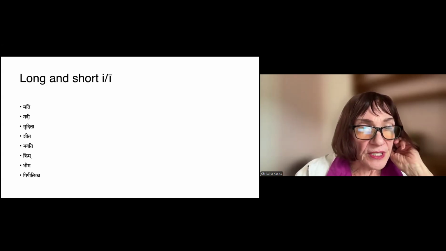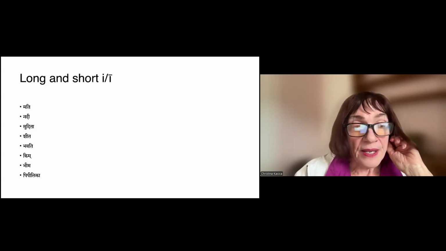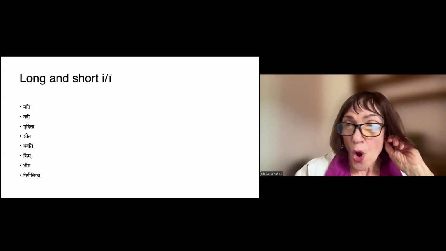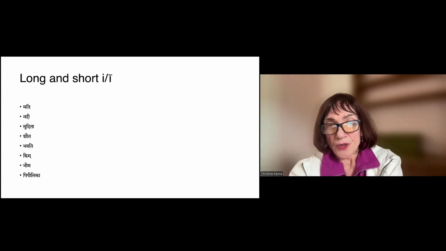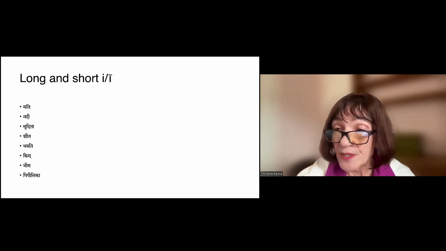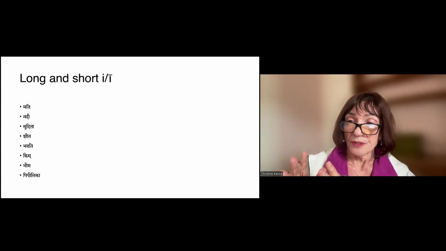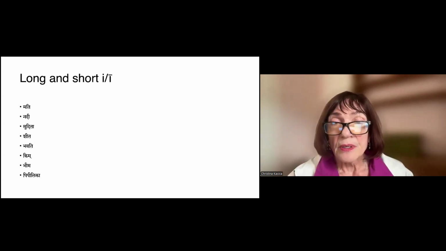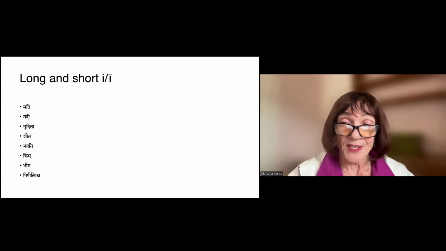Now, the next to the last word is Bima, and that's a word that means awesome or terrifying. So how many downstrokes do you see there? One. Yes, one standalone downstroke. Now, those consonants each have a downstroke, but they're part of the consonant, not part of the downstroke.